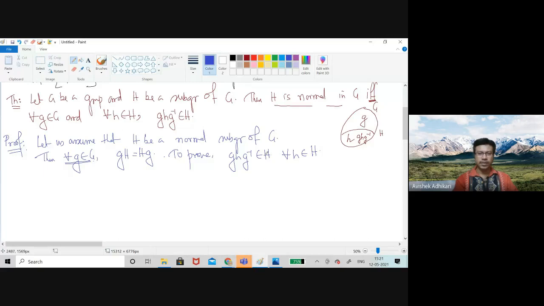Okay. So the only problem here is, first have a look at this. As gH equals Hg, what do you mean by this? As an element, there exist h1, h2 belongs to H such that g h1 equals h2 g.